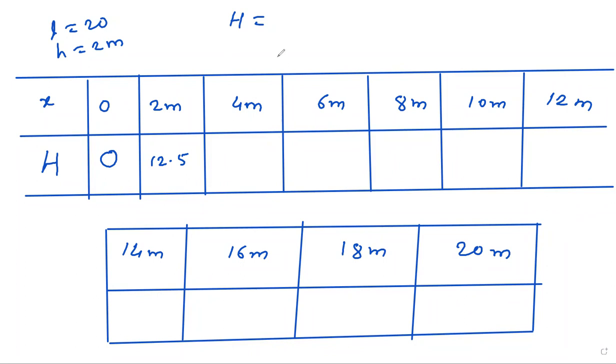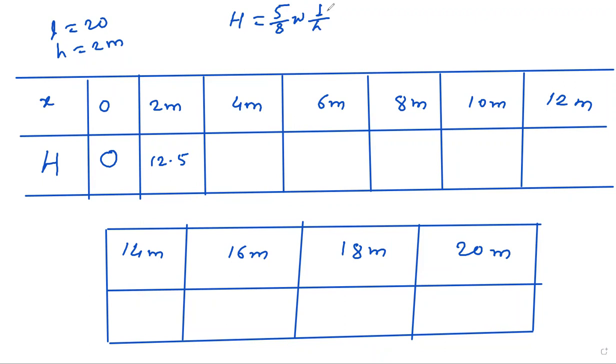I think I have written 5 by 8, L by H. It is misprinted, right?